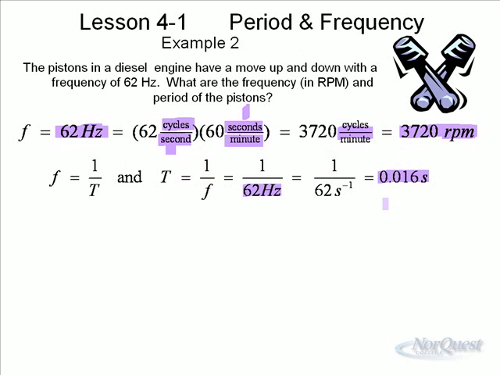So if you've got 62 hertz, that means you have a very small period of only 0.016 seconds, or 16 thousandths of a second. So frequency and period. Notice the two types of frequency, hertz or RPMs. All right, these are equivalent but certainly look different. And the period is 0.016.